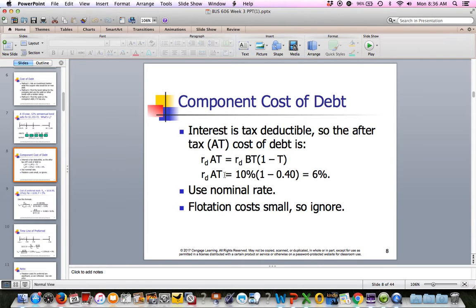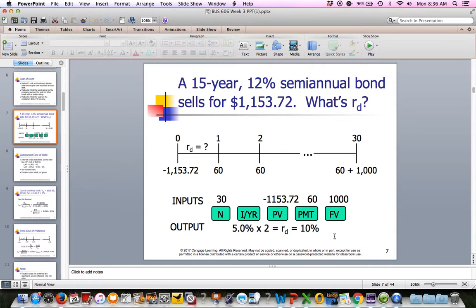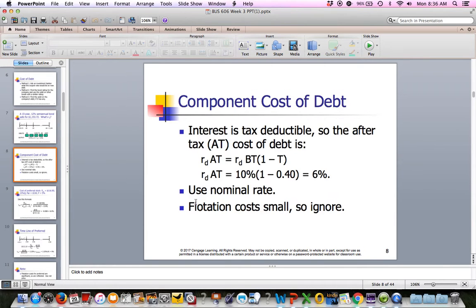We just figured out it was 10%, right here. 10% times 1 minus T, which is the tax rate. Now, they didn't say anywhere else what the tax rate is. They're just saying it's 40%. So that is 6%. Okay, that is 6%.